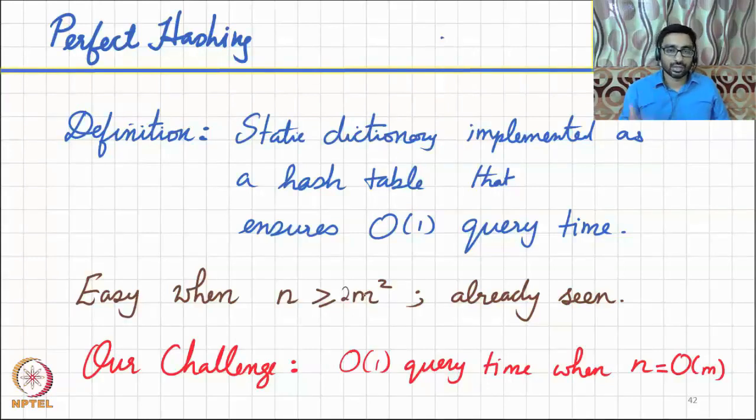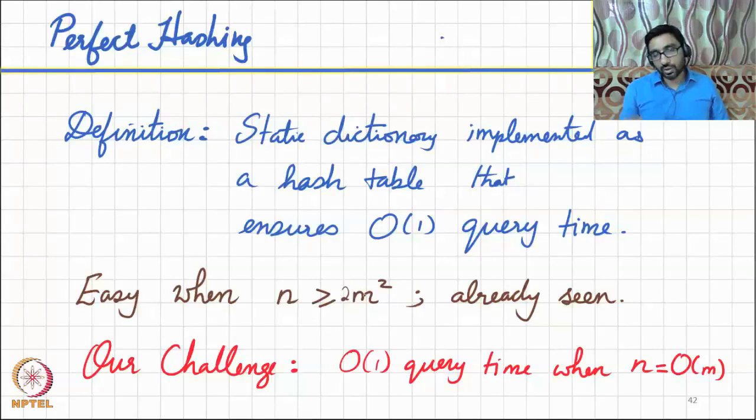That's easy. We just repeatedly attempt constructing the static dictionary using the straightforward hashing technique until we get this requirement. Our question now is a little bit more challenging. How do we construct such a hash table using only a space that is proportional to the number of items?